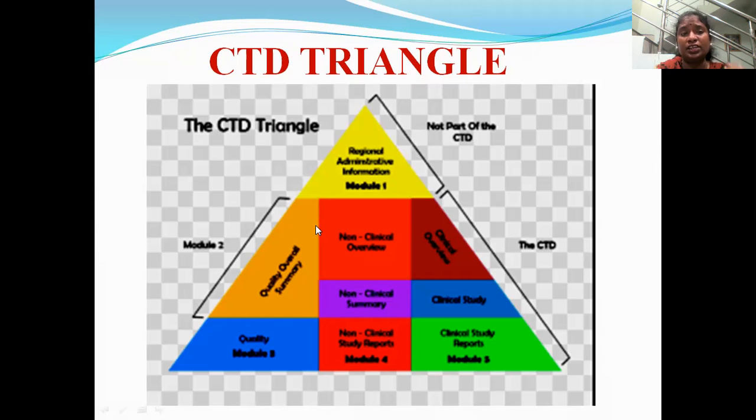Every country needed its own application format. India had one format, the USA one, the European Union one, and Japan one. So the applicant was getting confused. To avoid this confusion, one technical document was prepared, with its own set of guidelines.